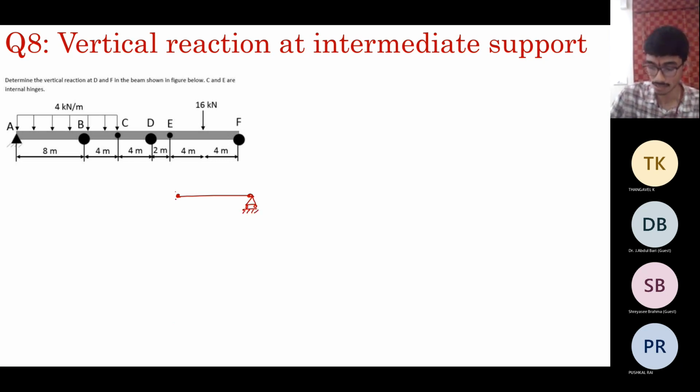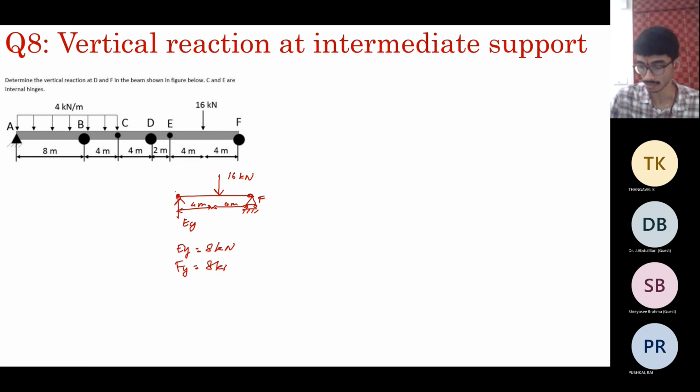E cannot resist the moment, so what you have is a vertical force EY, and you have 16 kilonewtons, and this is F. So this acts as a simply supported beam, 4 meters and 4 meters. So you get EY as 8 and FY as 8 kilonewtons.